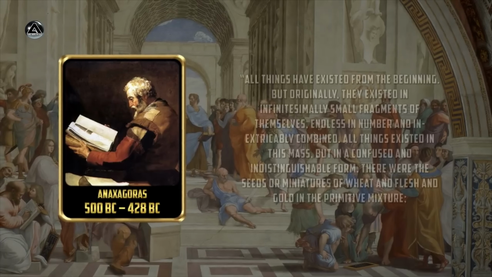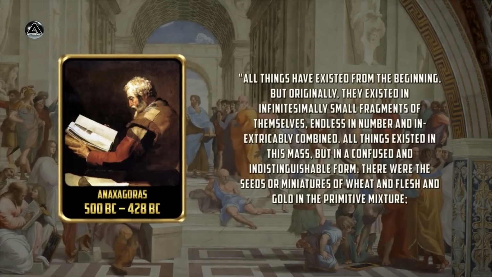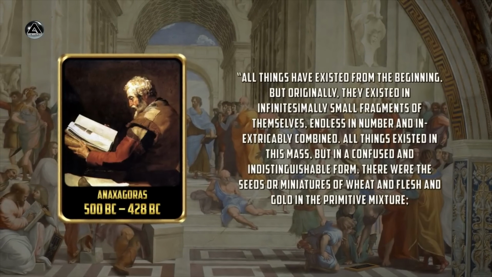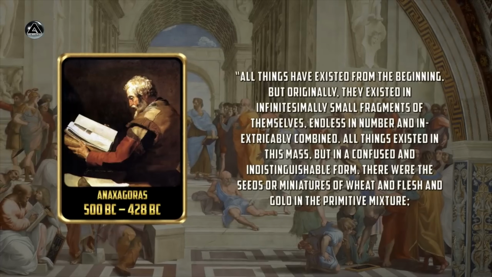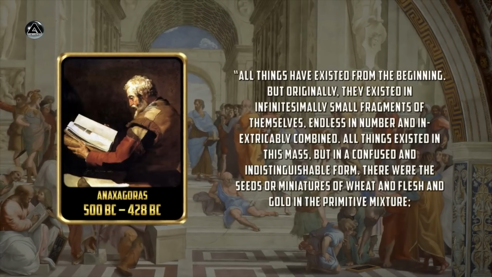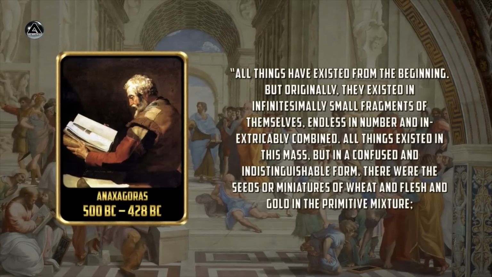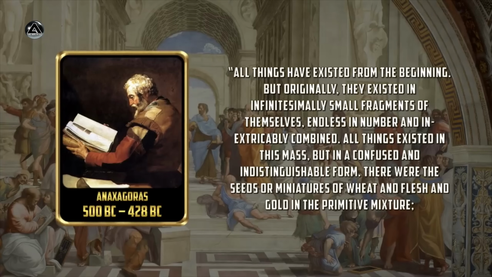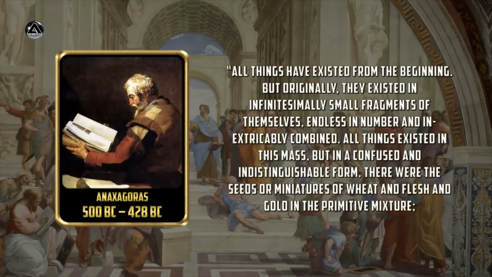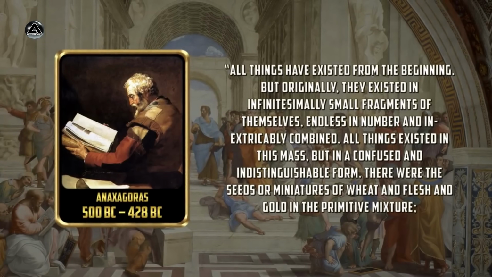Quote, all things have existed from the beginning, but originally they existed in infinitesimally small fragments of themselves, endless in number, and inextricably combined. All things existed in this mass, but in a confused and indistinguishable form.